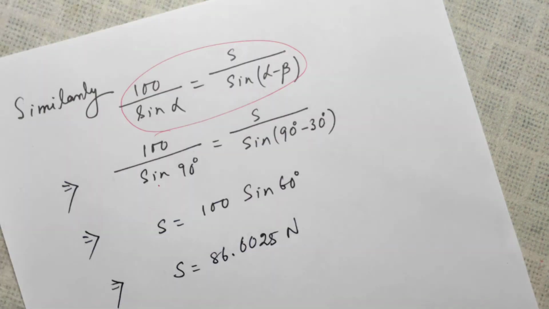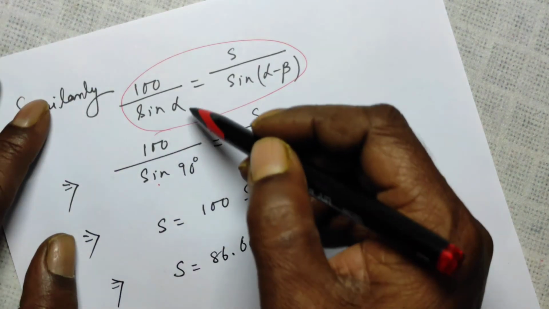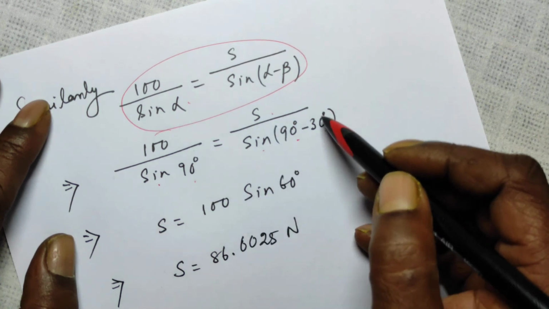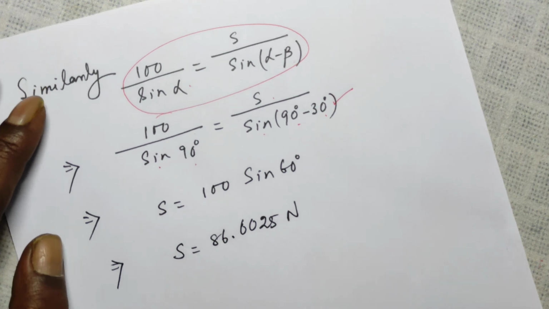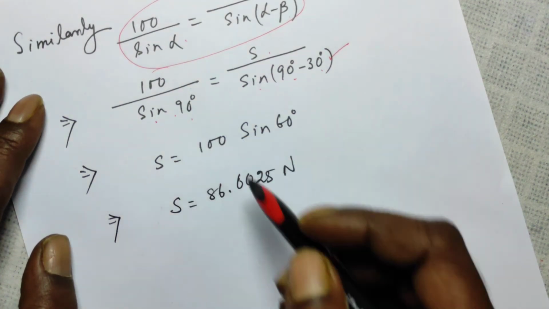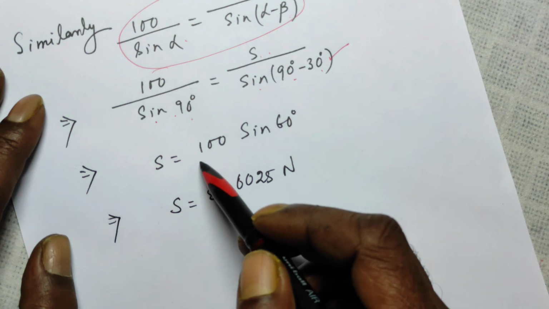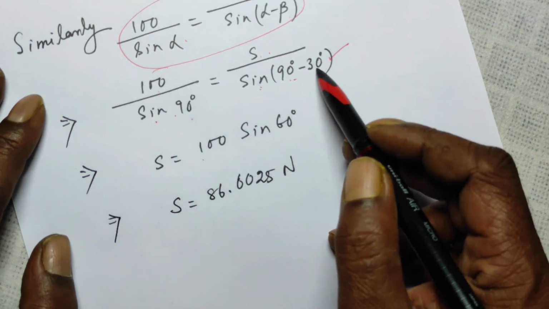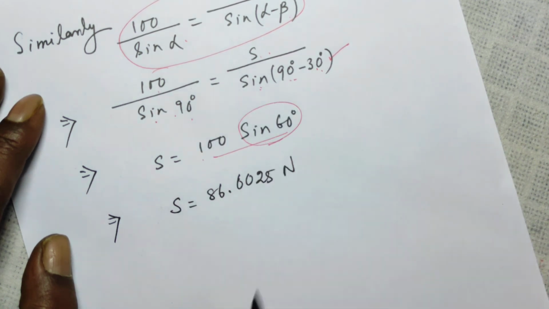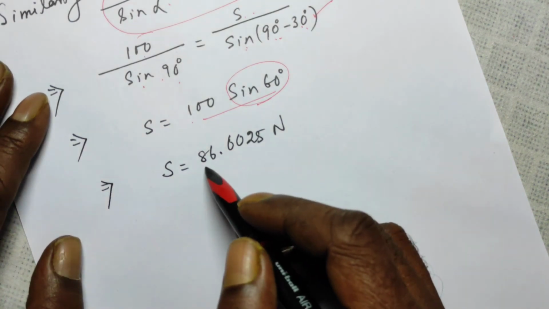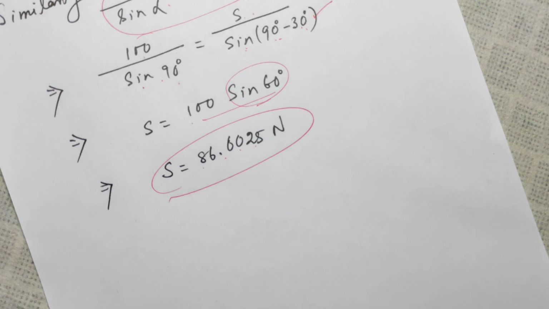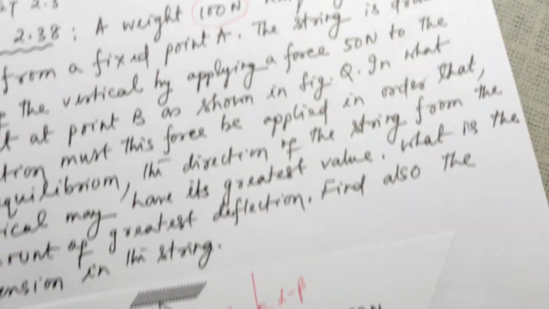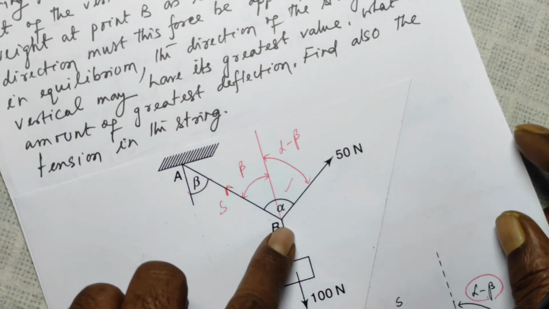So the same condition I am putting here: alpha is 90, S over sine of 90 minus beta. Sine 90 is 1, so cross multiplying, you get S equal to 100 sine of 90 minus 30, that is sine 60. Putting the value of sine 60 in a calculator, it comes out to be 86.6025 Newton, the tension force in the AB part of the string.